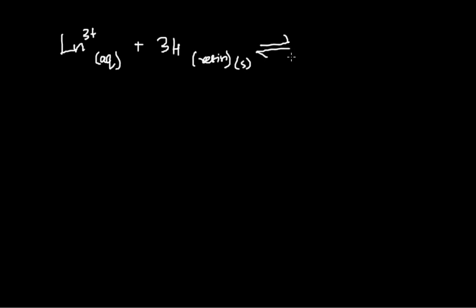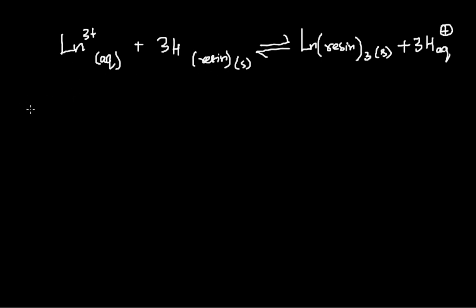So the equilibrium that is set up is something like this: Ln3+ aqueous plus 3H-resin, which is a solid, gives Ln-resin3 plus 3H+ aqueous.